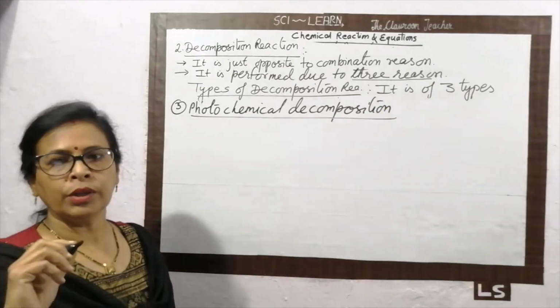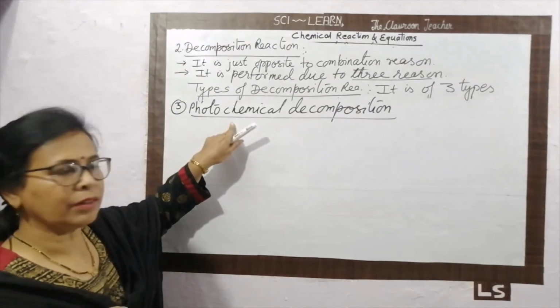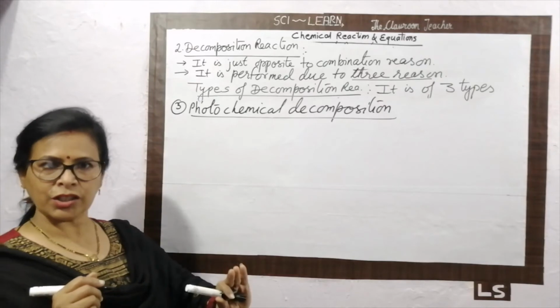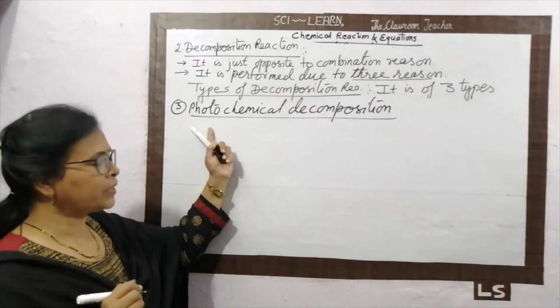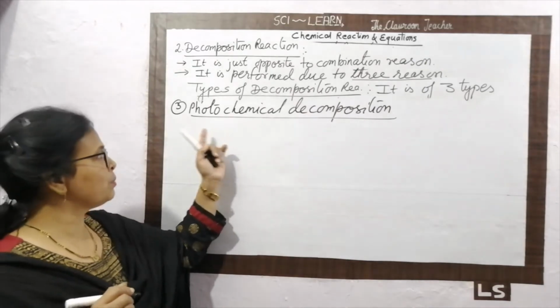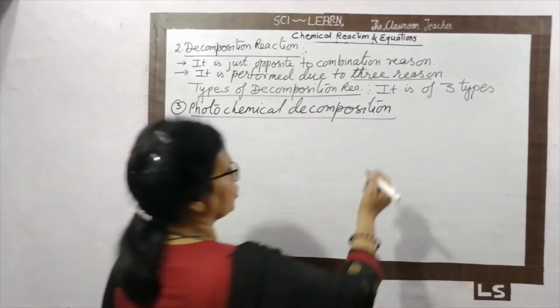As I told you, it is very much clear by name. Photo is for the light. Chemical is the involvement of the chemical in this process. If the process of decomposition is completed due to the presence of light, the chemical process which is performed for decomposition is because of only light, then the process is called the photochemical decomposition.